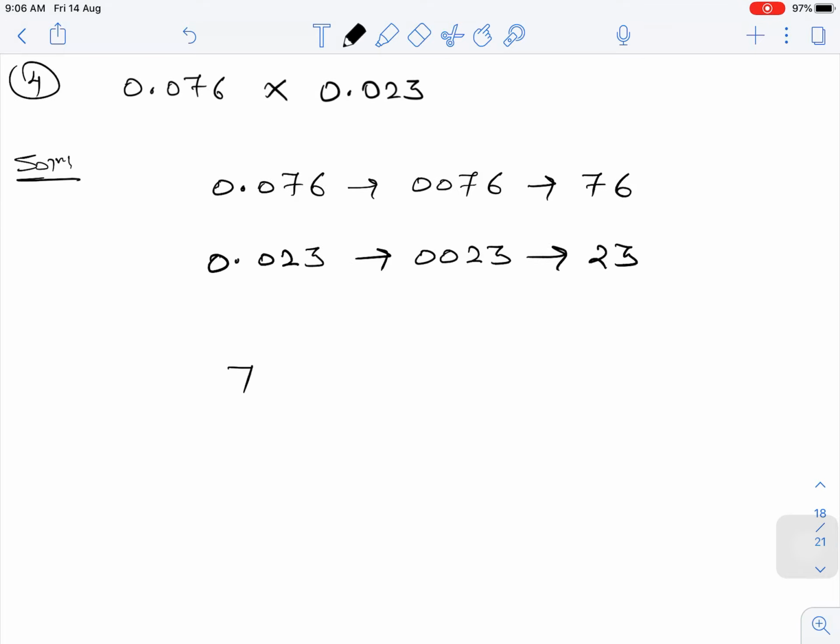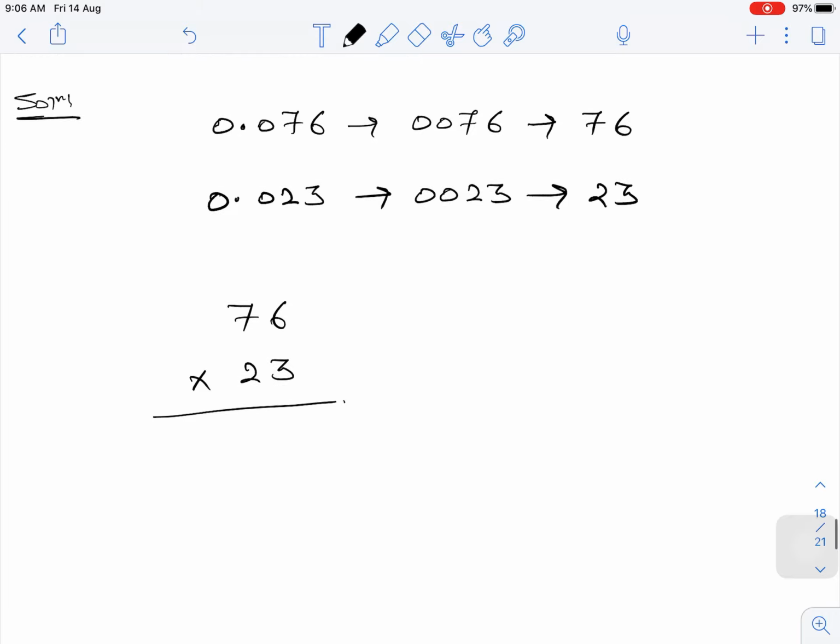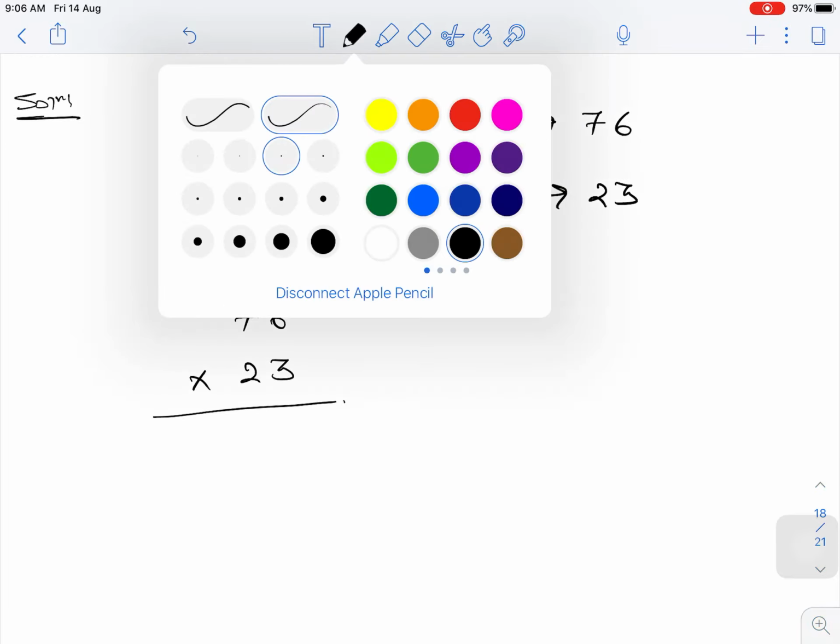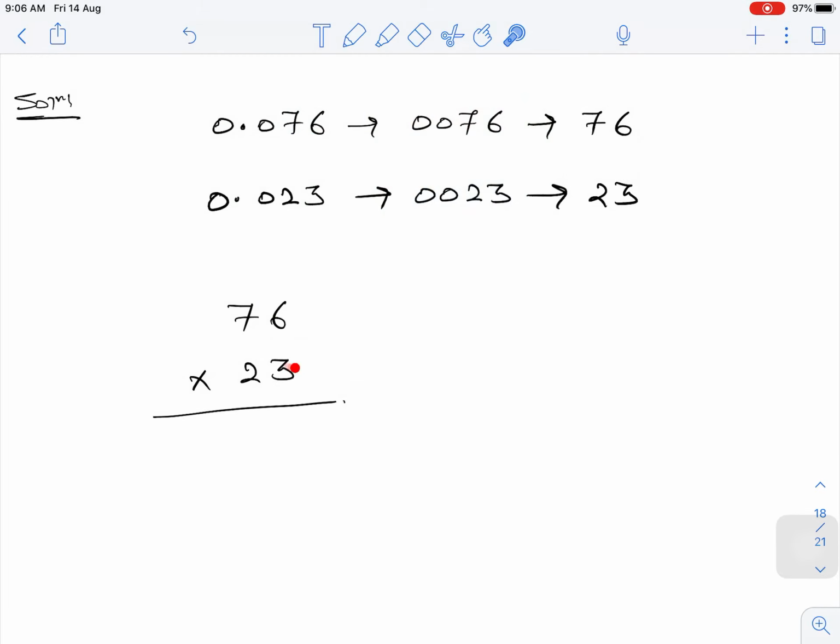So now we are going to multiply this 76 by this 23. Now our regular multiplication. 3 6s are 18. Then 3 7s are 21 plus 1, 22. Then write here 0.